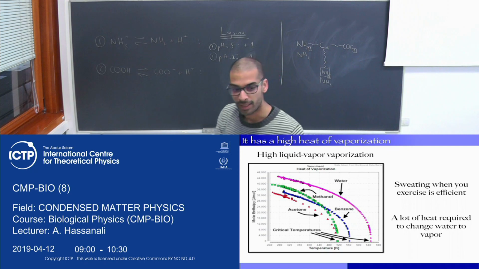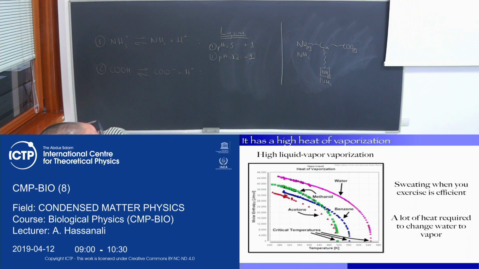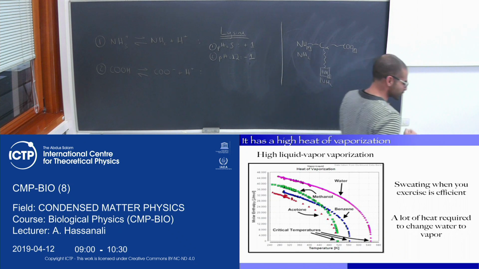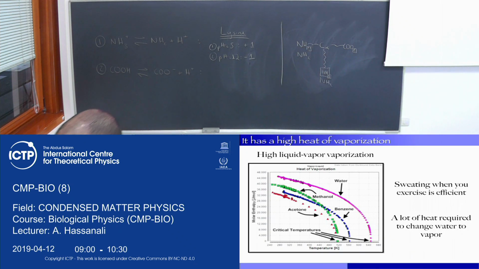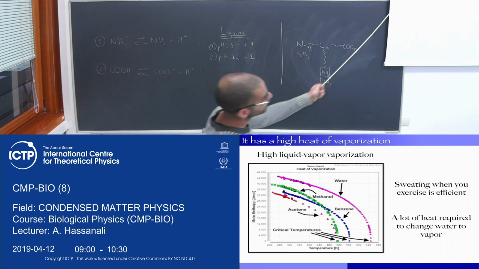Well, if you were sweating benzene, you would die. Yeah, you would. The amount of heat that would be released if you were to sweat benzene would be much less. Okay, so sweating water makes you take away more heat from your body when you're heated up. Okay, but this is not true for all liquids.